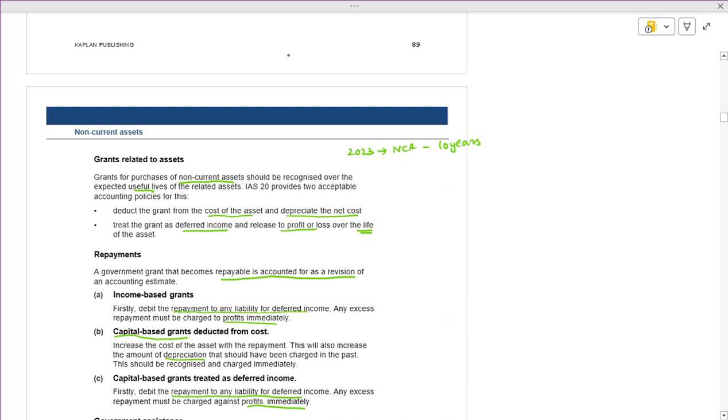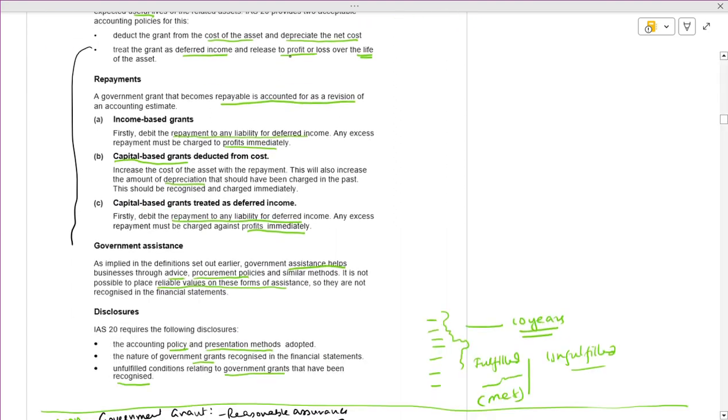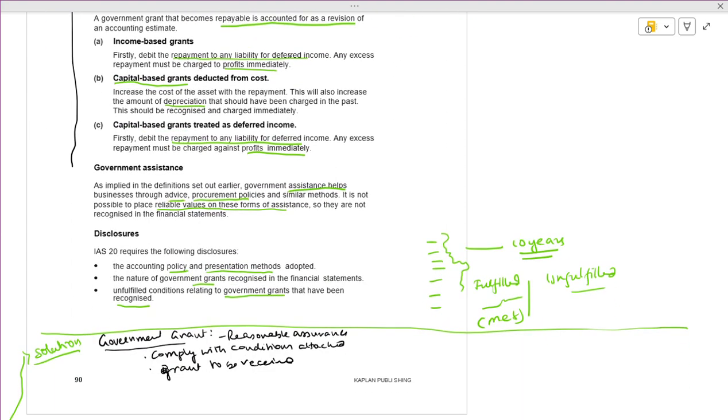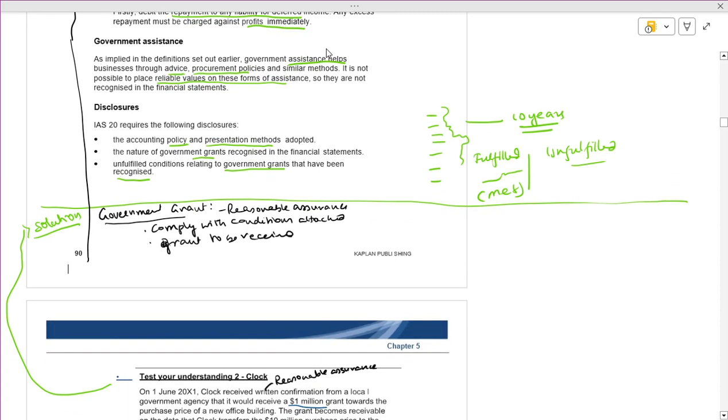Deduct the grant from the cost of the asset and depreciate the net cost, or treat the grant as deferred income. These are the possible outcomes.